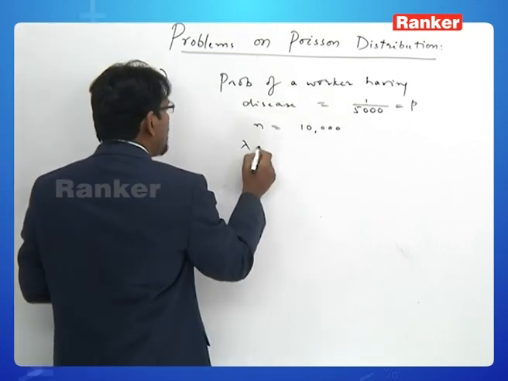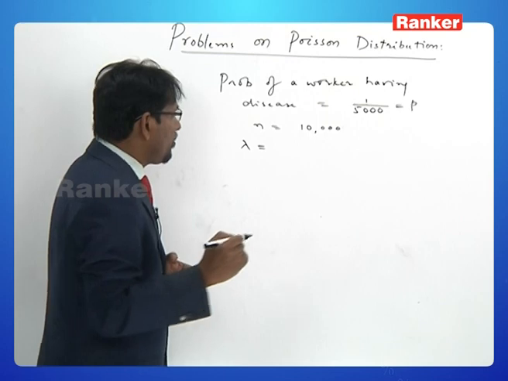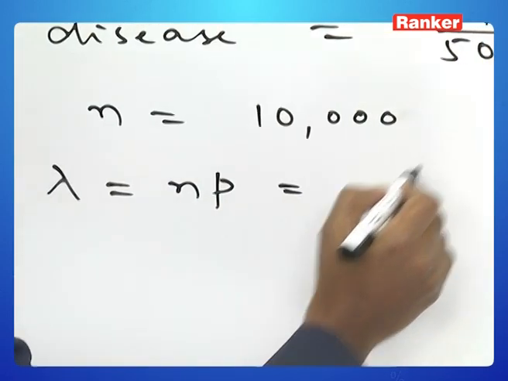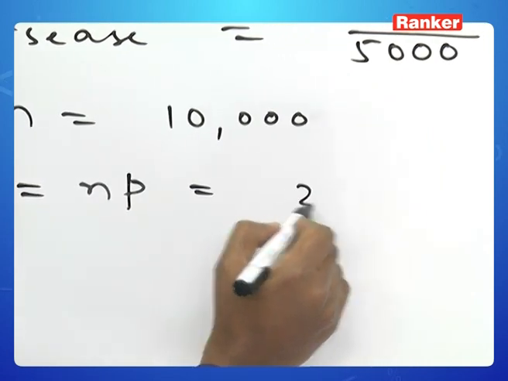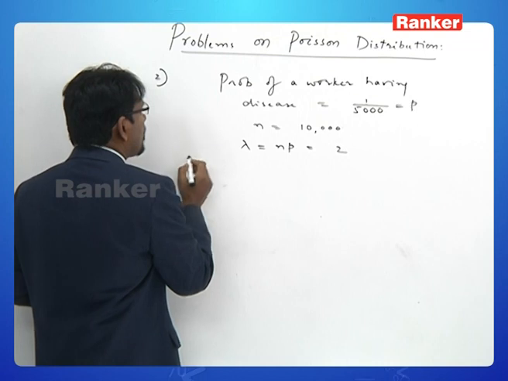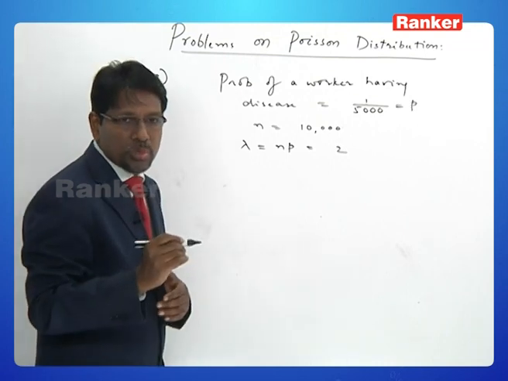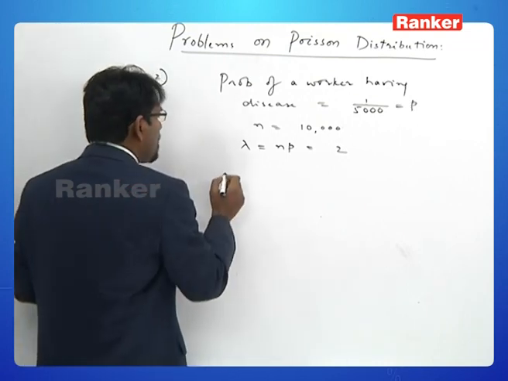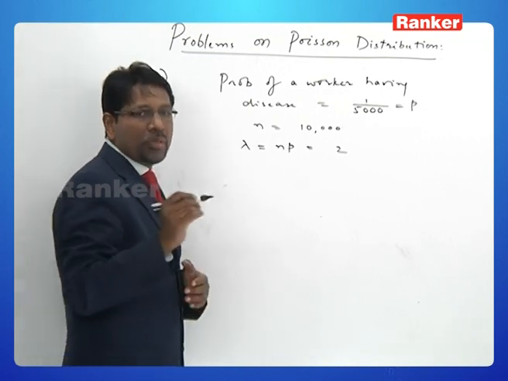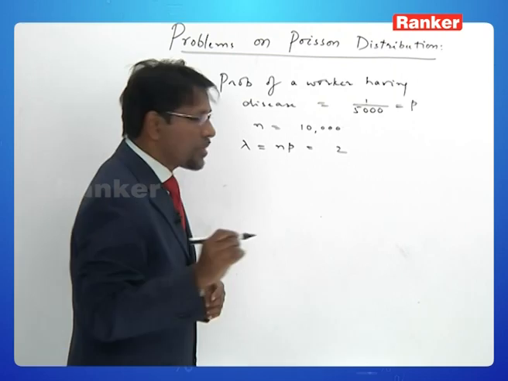So lambda, the parameter of the Poisson distribution, we said is given by NP. So that is 10,000 into 1 by 5,000, that's going to be 2. So lambda in this problem is 2. Now what is being asked? The probability that none of them will get the disease.